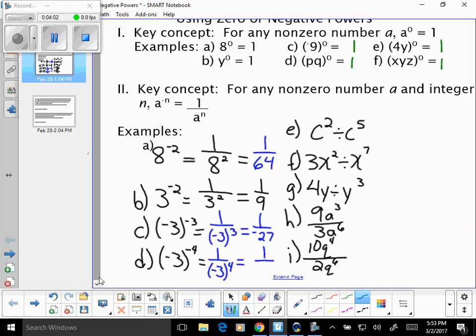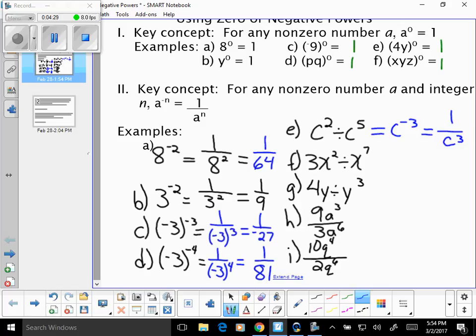Negative 27 times negative 3 is going to be positive 81. In example E, we are going to get c to the negative 3 power. That forces us to write it as a reciprocal of 1 over c cubed.